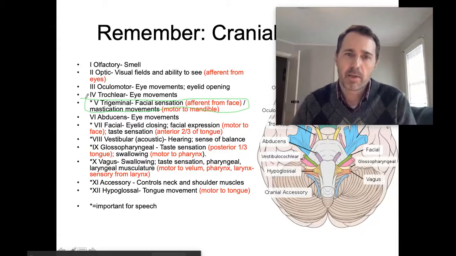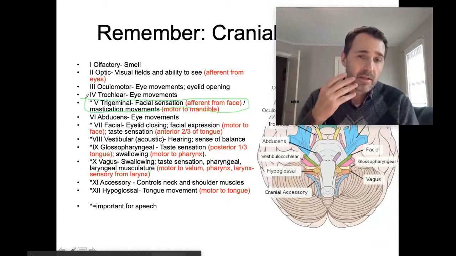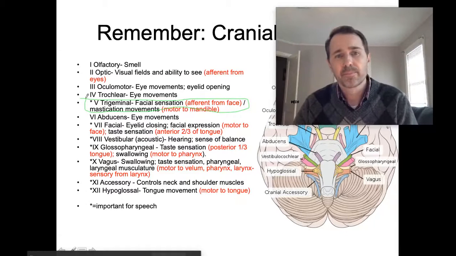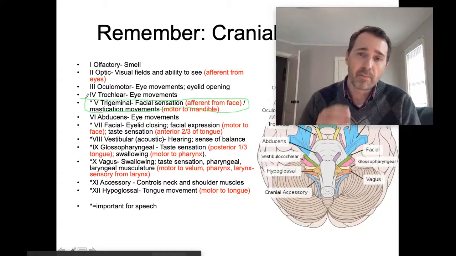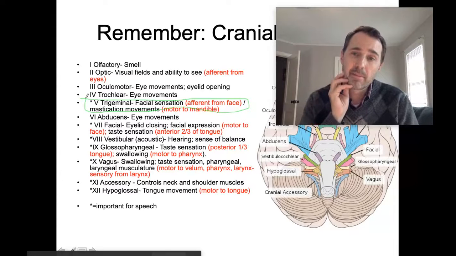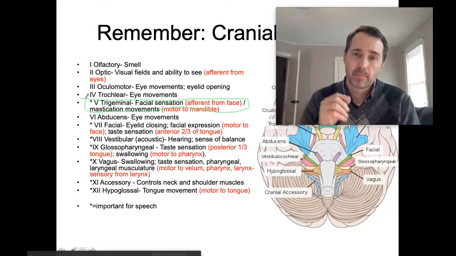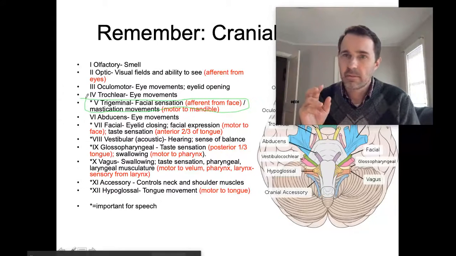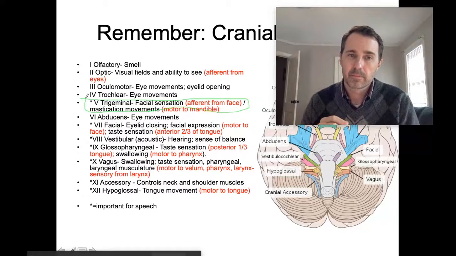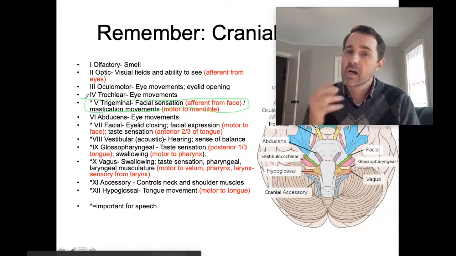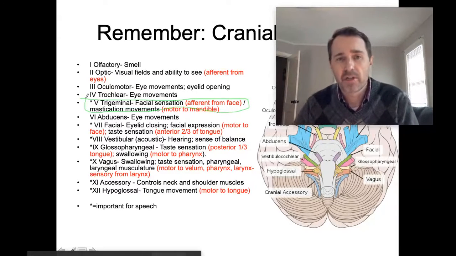The trigeminal is responsible for transmitting sensory information from the face to the brain, and it's responsible for transmitting motor, efferent information to the muscles of the mandible: the temporalis, the masseter, the pterygoids. So motor movement of the mandible, that is a function of the trigeminal nerve.